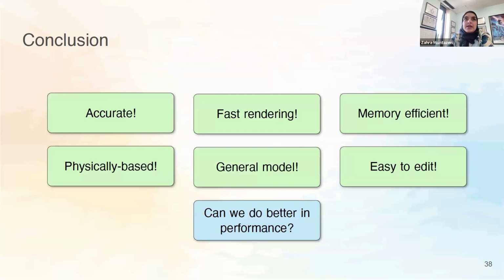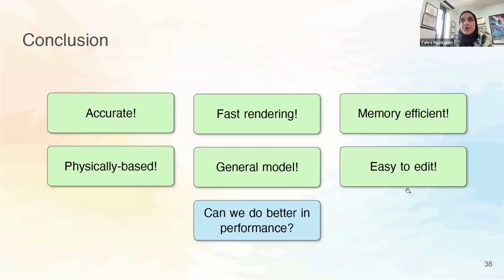As a conclusion, we just wanted to share how we can produce accurate and fast models, and they are also very memory efficient compared to existing works. They are physically based because everything follows physics. The model works for woven, for knit, for any pattern, so it's general.